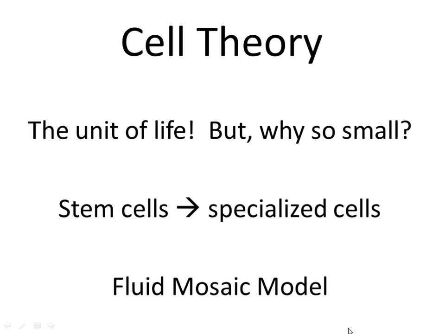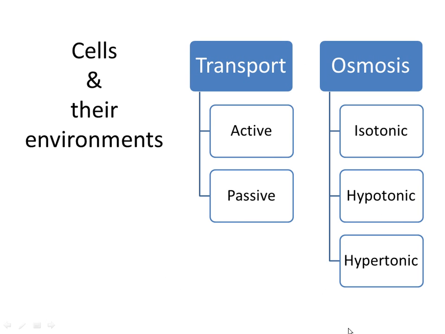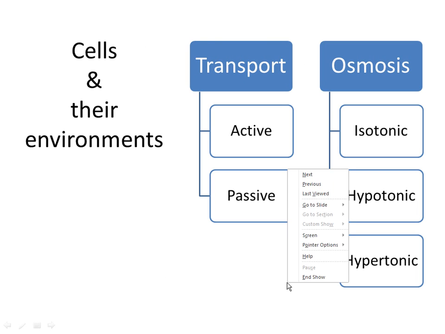And with the cell theory, we also started talking about the fluid mosaic model. That's a phospholipid bilayer with proteins and cholesterol. And what you should understand at this stage in the game is that the structure of the cell's membrane helps determine how it transports molecules. So how do cells transport molecules? Let's go to the one that says passive first.